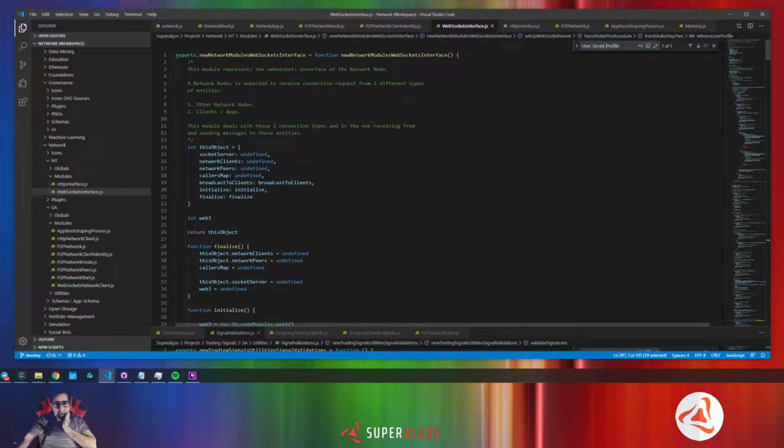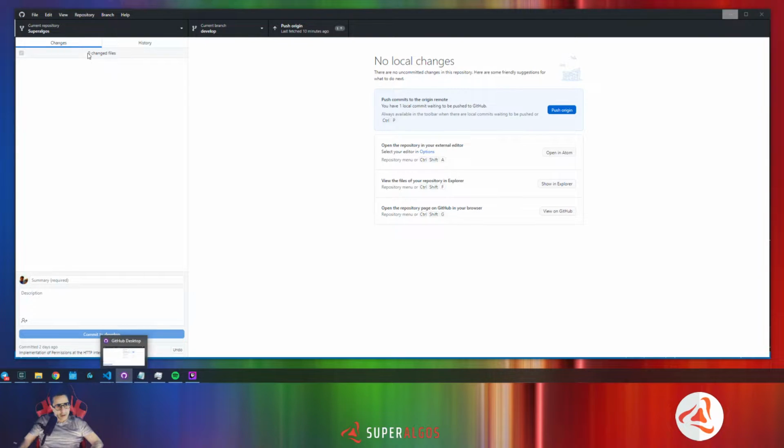So this module represents the WebSocket interface of a network node. Before that, I will make sure that I don't have pending commits.